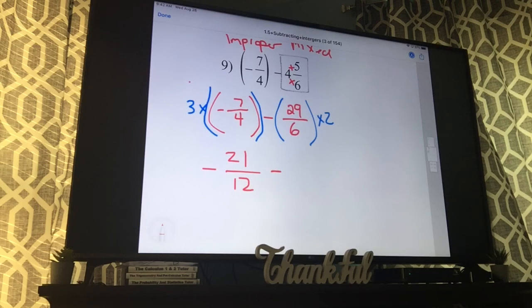Okay, so we're going to get 58 over 12. Okay, and now that we have the same bottom, we can put the tops together. Okay, so we could say minus, and for that, negative 21 minus 58, you're going to get negative 79 over 12.